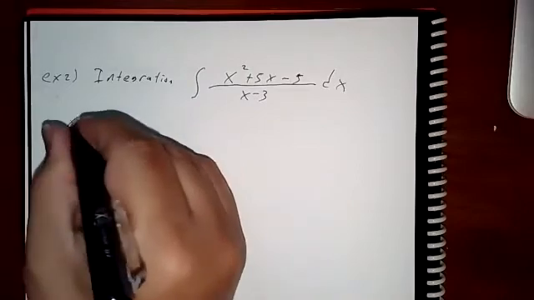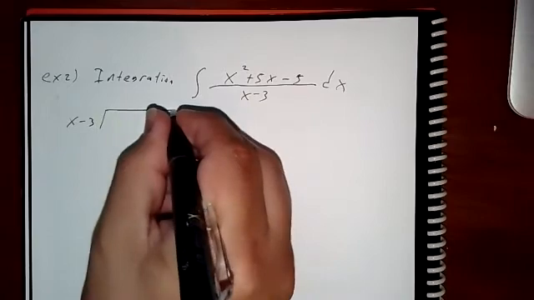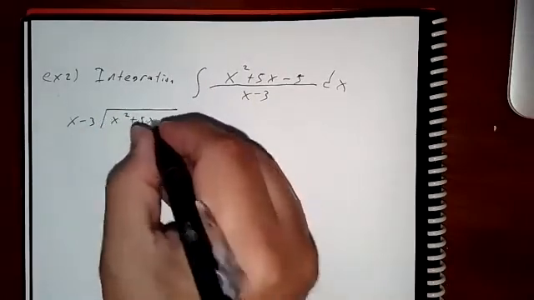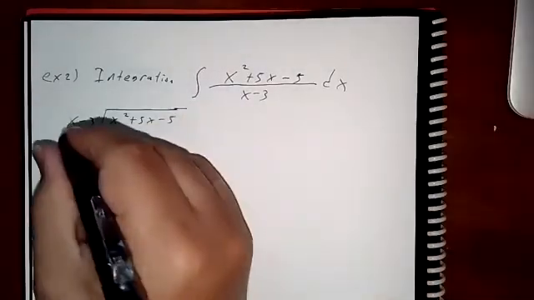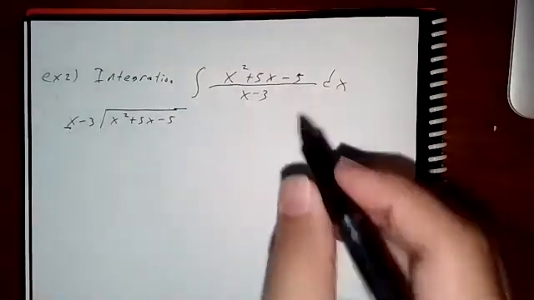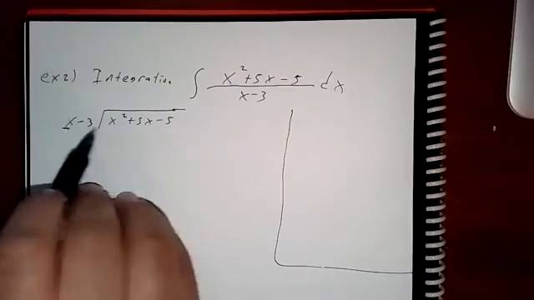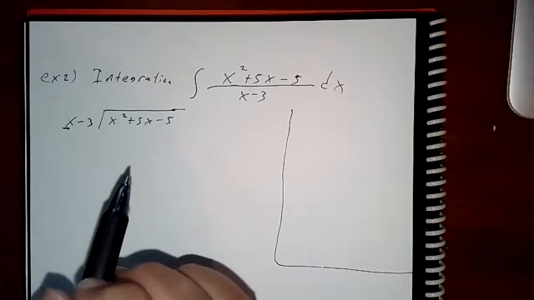So x minus 3 is going to divide into x squared plus 5x minus 5. So remember how we only divide with this piece, right? So x goes into x squared. I'm going to make a little side section for my scratch work. So how many times does x go into x squared? x times.